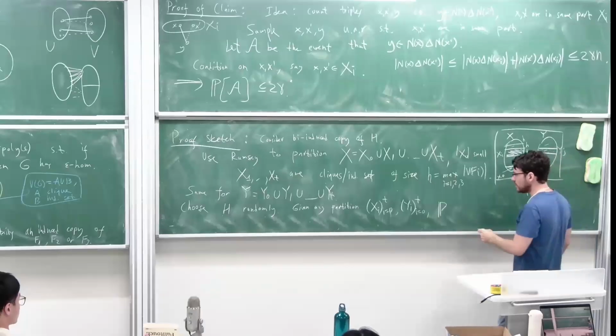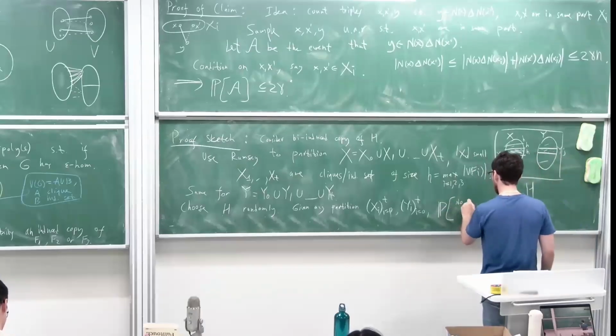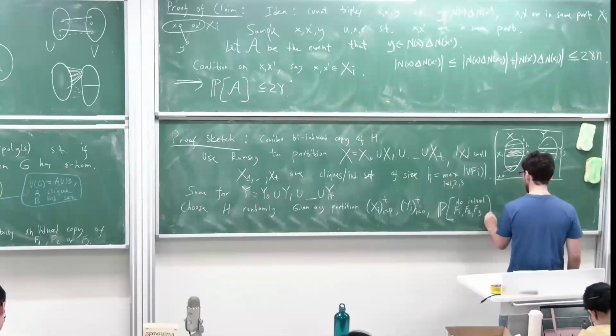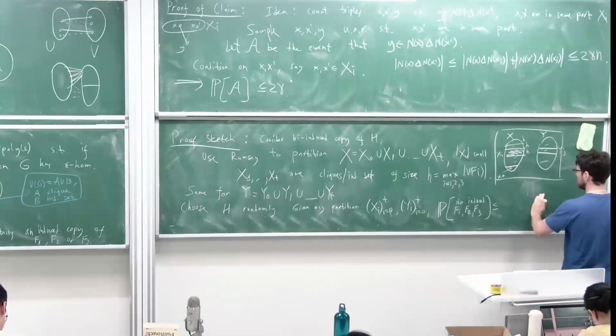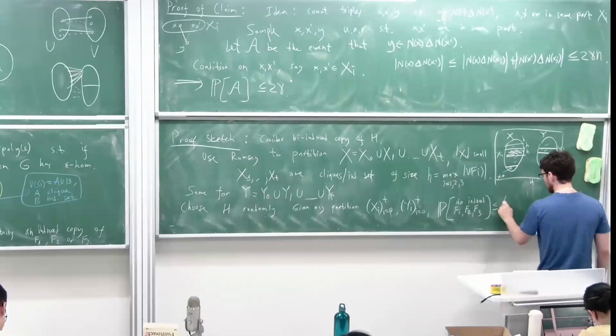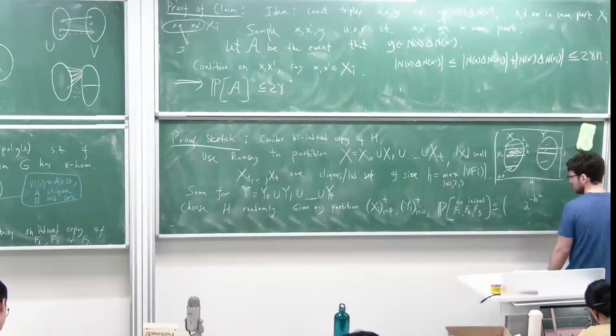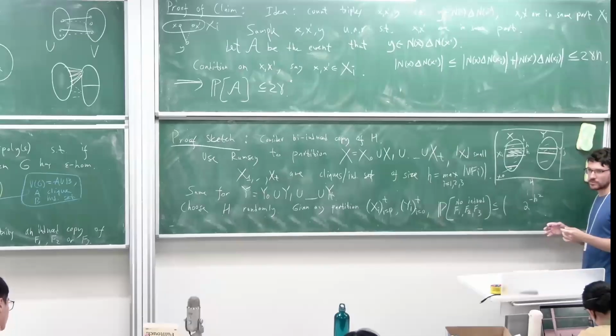So the probability that there is no induced F1, F2, F3: well, the probability that the edges are exactly right is at least 2 to the minus h squared, because I have h squared pairs, and if they're exactly right as I want them, then I get a copy of F3.